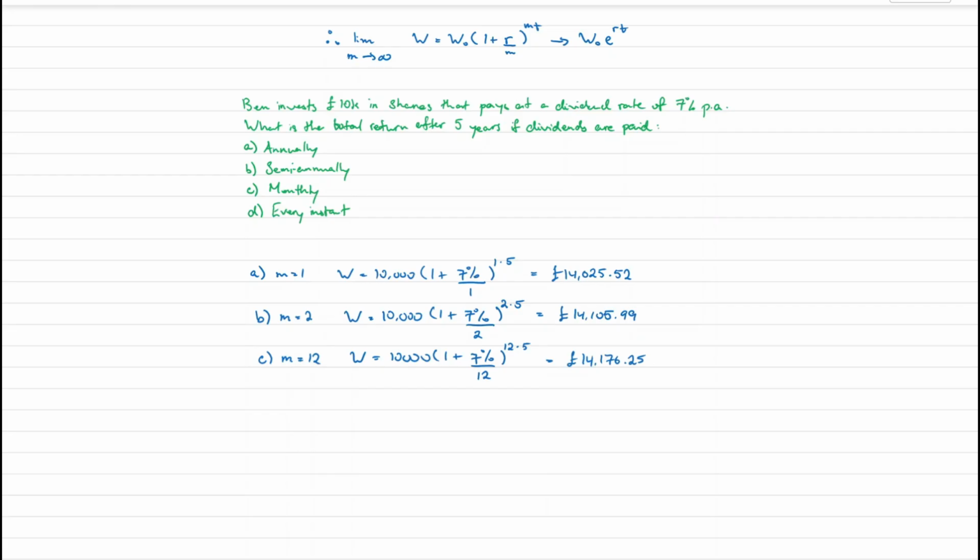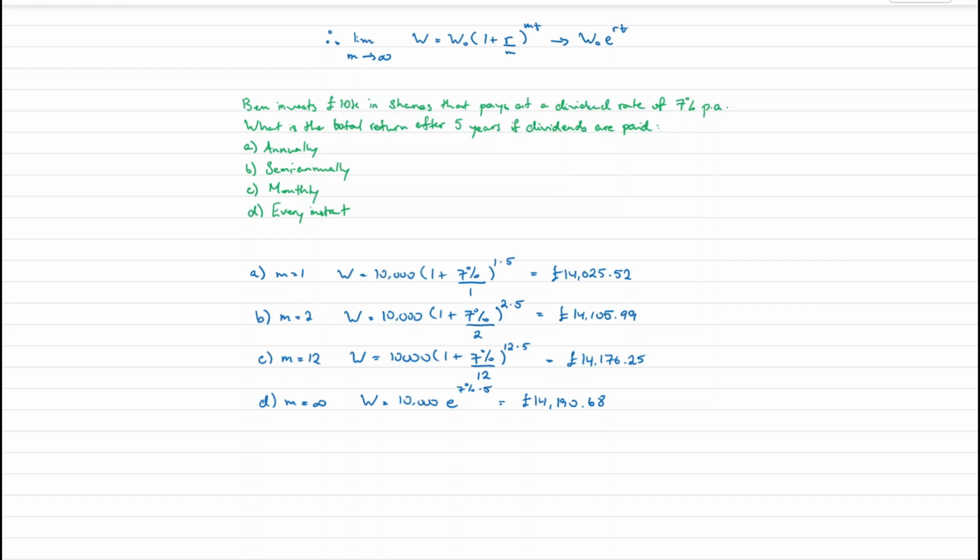So let's just compute it now. m is equal to infinity, and that means W is equal to 10,000 pounds, e to the power of 7% times 5. Remember, e is equal to 2.7182 in 4 decimal places, and that is equal to 14,190 and 68 pence.